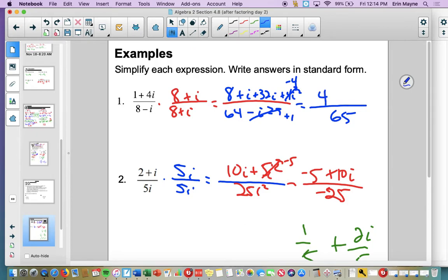This is 4 plus 32i. Notice I don't leave it like that. I split it up into 4/65 plus 32/65 i. I call this the butterfly effect in algebra, in case anyone's wondering. Okay, I know that was still fast.